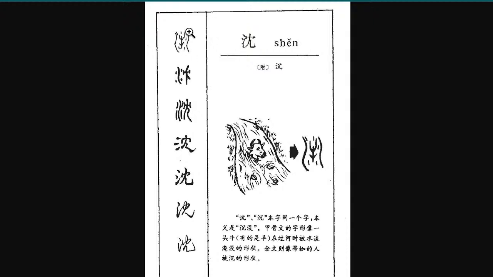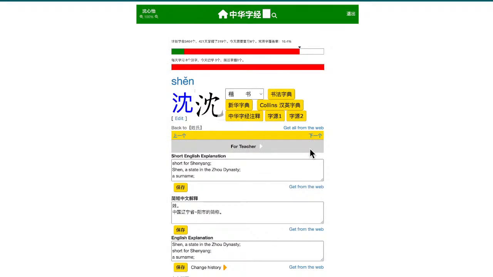That's the picture right there. Later on they simplified it. This one is literally a river, and they use a water radical on the left. Then they kept the form ever since. But for the name they changed the form a little bit to distinguish it from the other character Chen. So this is the character Shen.